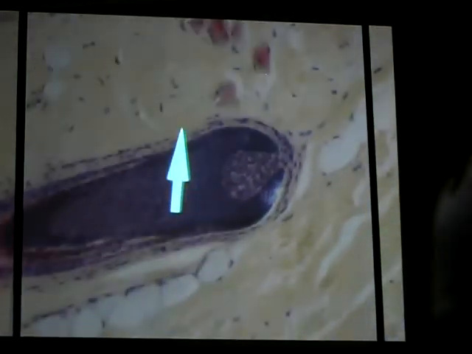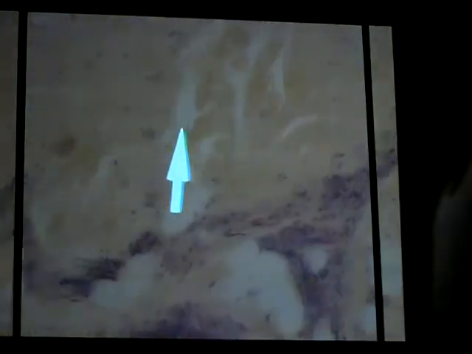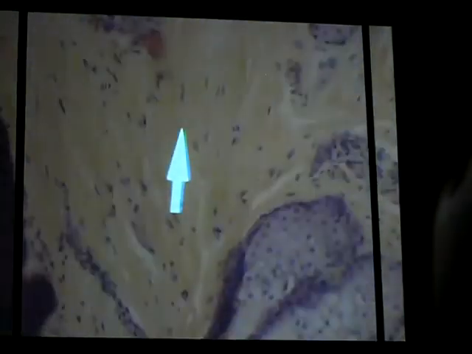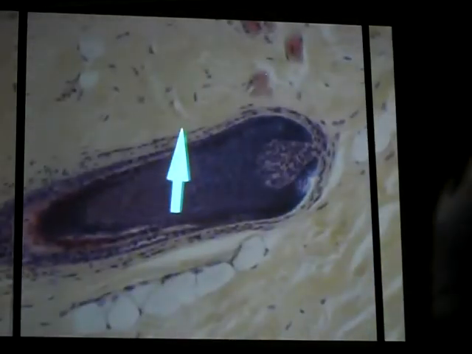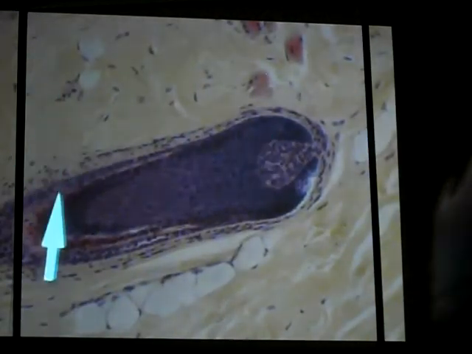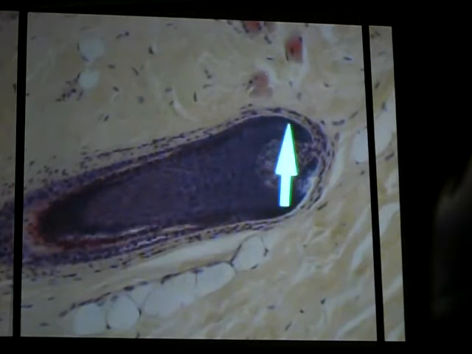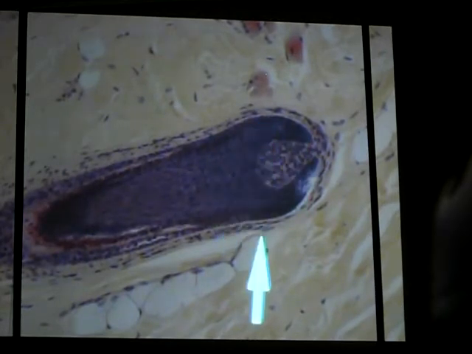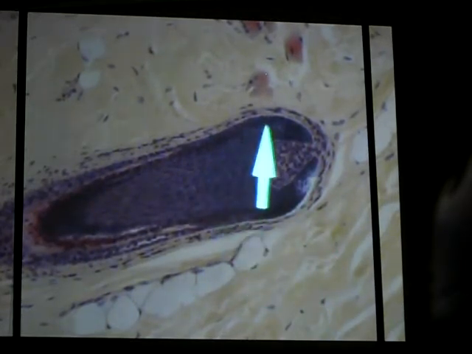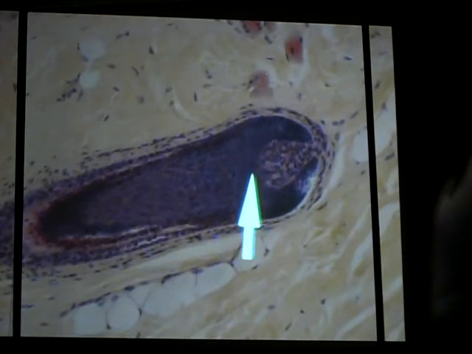This one is showing the hair bulb. Remember we had our hair follicle. Where your hair follicle extends downwards, you're gonna have this cup-like structure down here. That's your hair bulb.